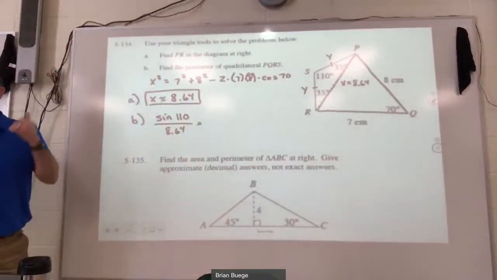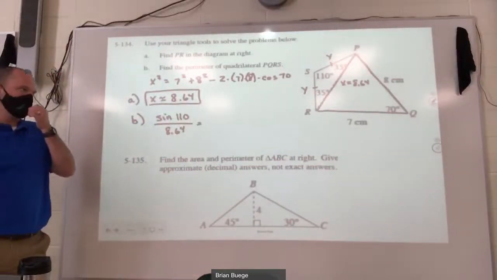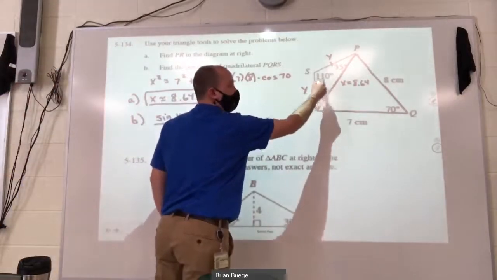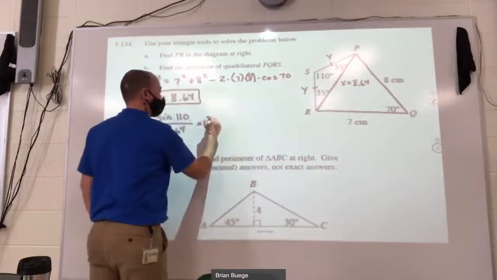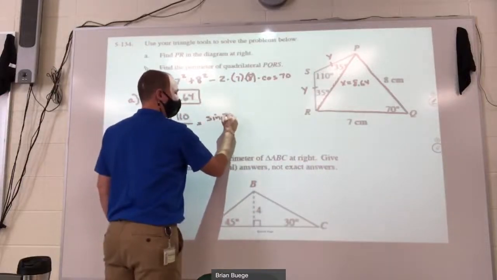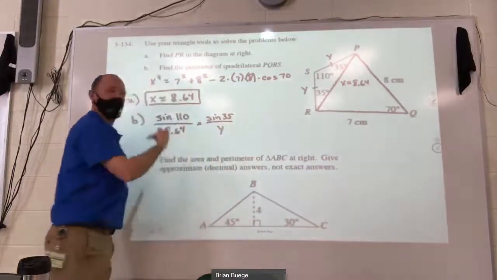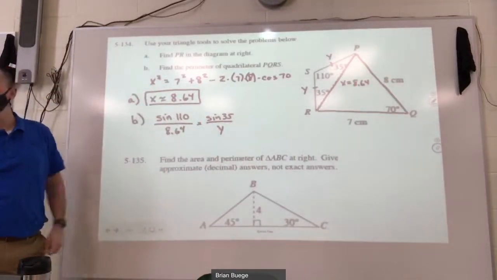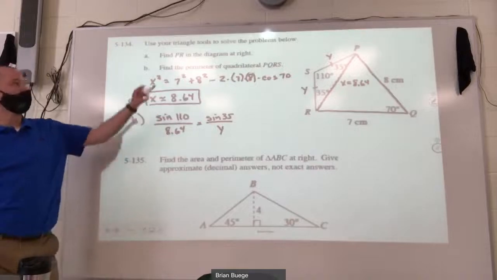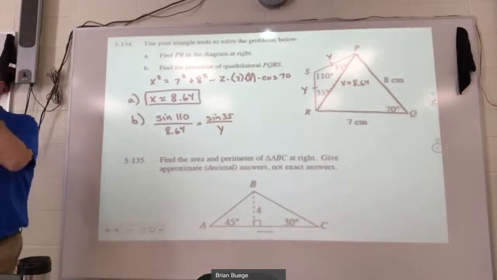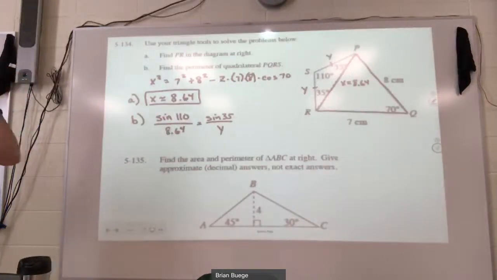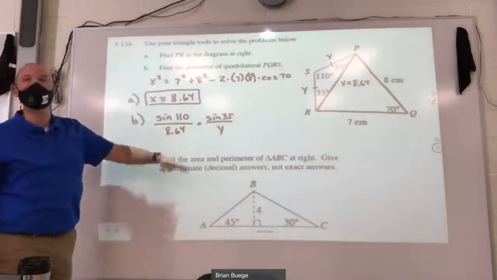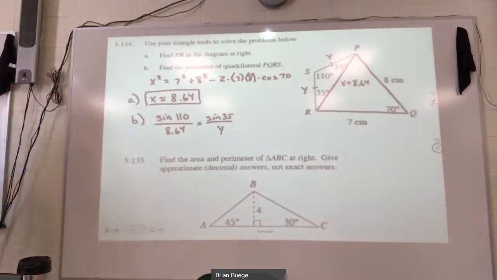And that equals another combination of the sine of an angle over the side opposite, which is sine of 35 over y. Now we are right back to what we were doing in the warm-up. Cross multiply, solve for y. Once you know y, then you can find the perimeter. So it starts off with a law of cosines, and then from there goes into a law of sines type of problem.